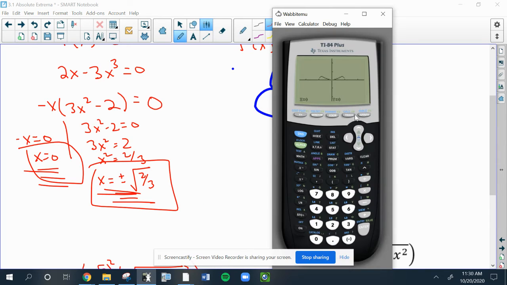So when you look at this graph, you'll see 0 is good. These are plus or minus 1, so this and this are both your plus or minus root 2 over 3. And what's happening at 1, take a look at this graph.